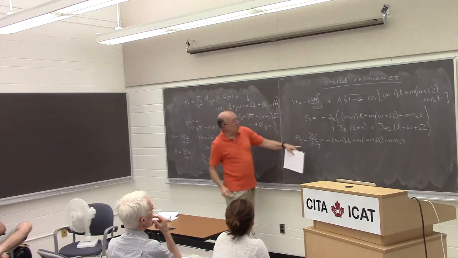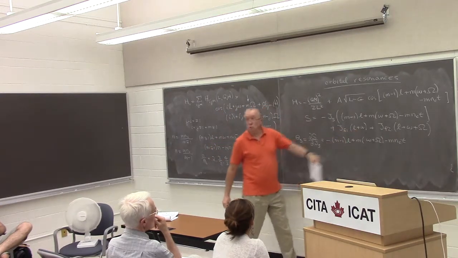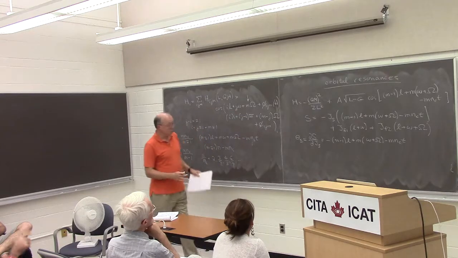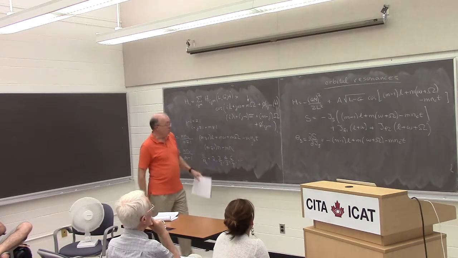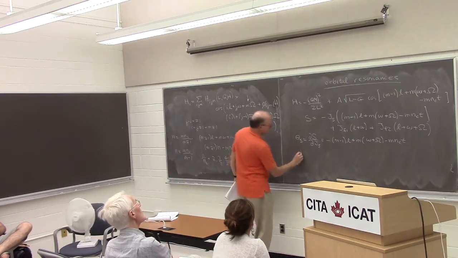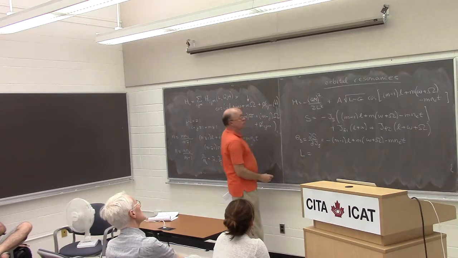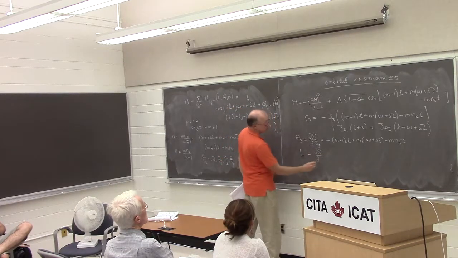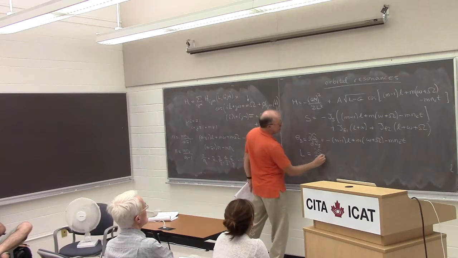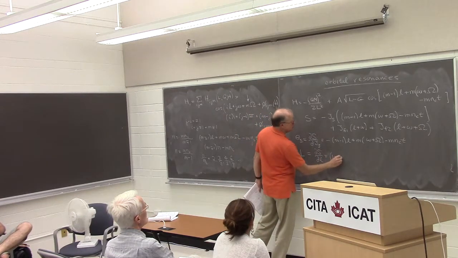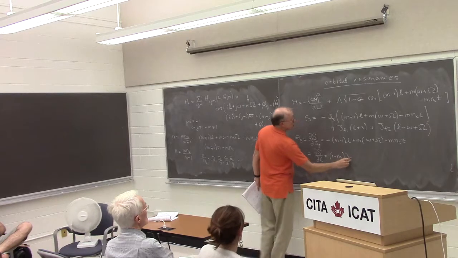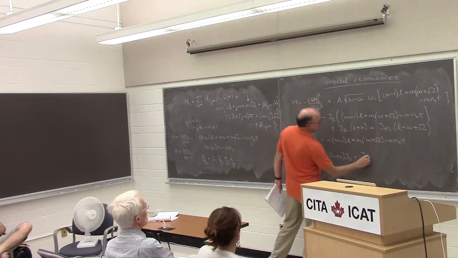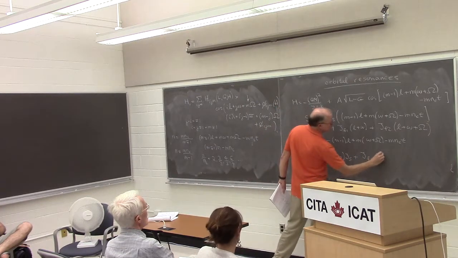You can write down similar expressions for the other two coordinates, but I won't bother because we won't need them. And then, for example, the old momentum is the derivative of S with respect to L. So it's (1 minus m) Js plus Jf1 plus Jf2.